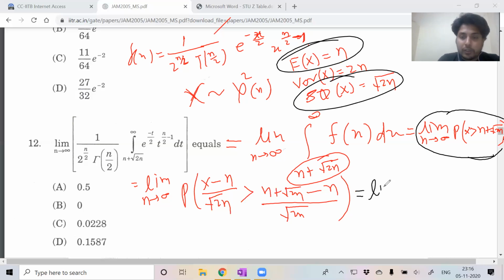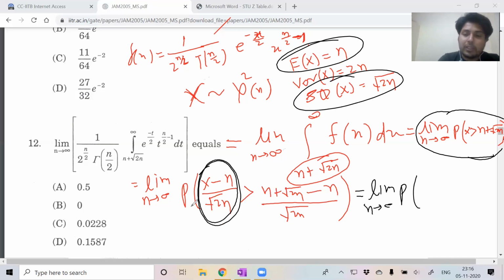So what we'll get here is limit n tends to infinity probability, and now this random variable has a normal distribution. So let's write one more. Suppose it's z, so z is more than 1.